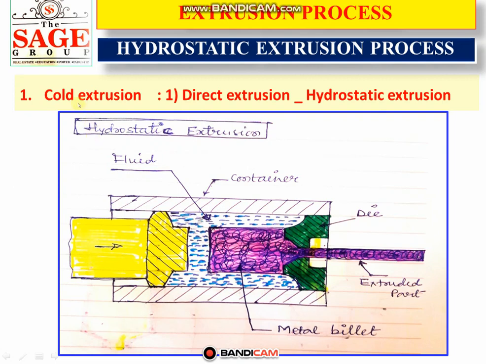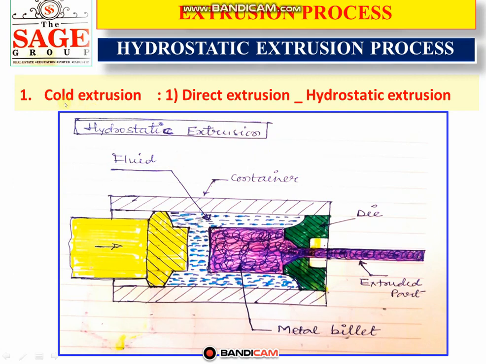We have discussed the hot extrusion process, in which the metal billet is heated up to or above the recrystallization temperature. But in the cold extrusion process, the metal billet is kept below the recrystallization temperature or at room temperature. So this is the difference between cold extrusion process and hot extrusion process.